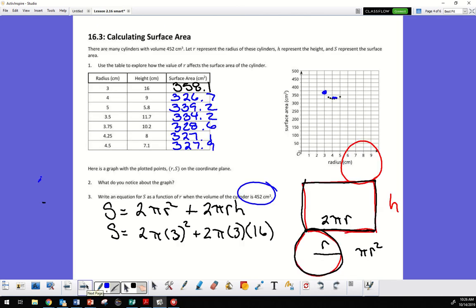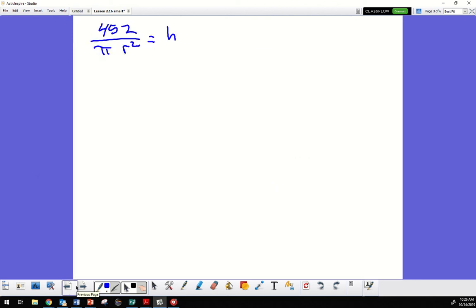Then from this one right here, I also have s equals, and I have an h value over there. So it's going to be s equals 2 pi r squared plus 2 pi r h.